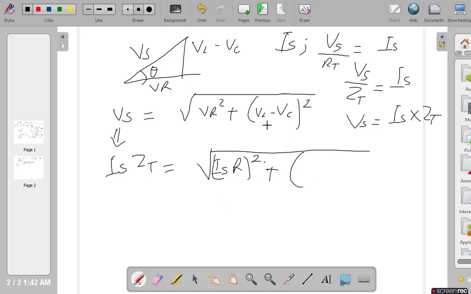Plus, now I can get VL. VL is equal to the supply current times XL.